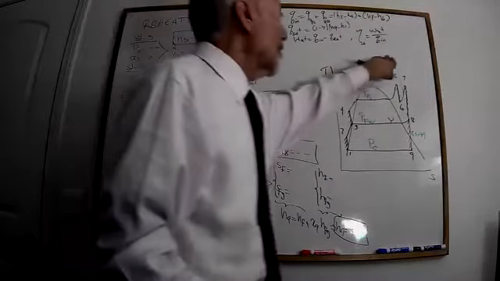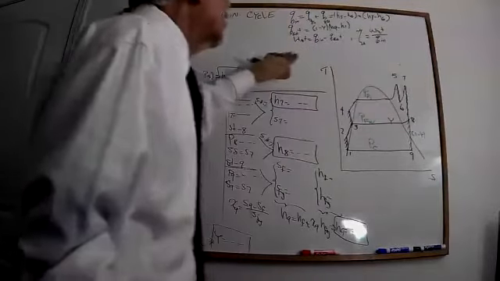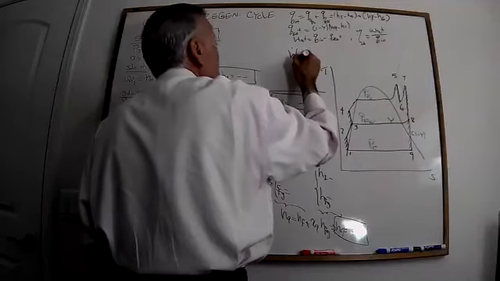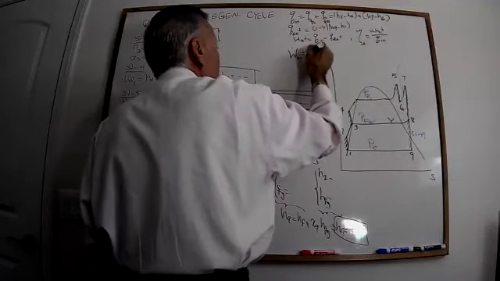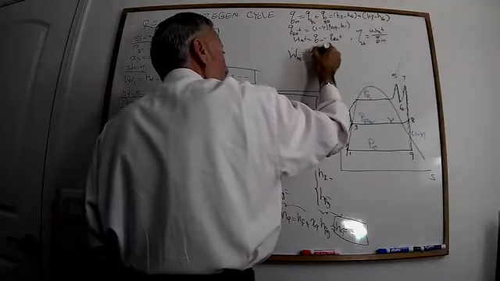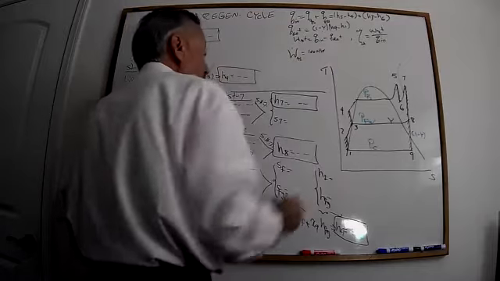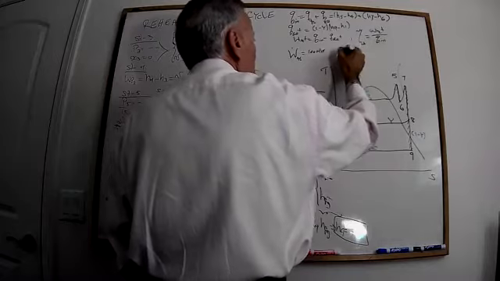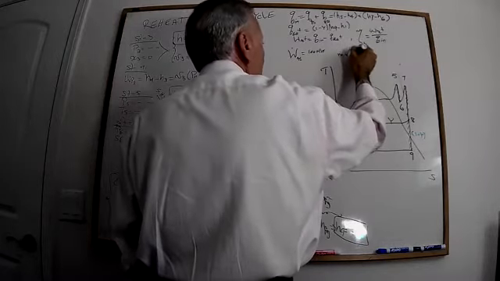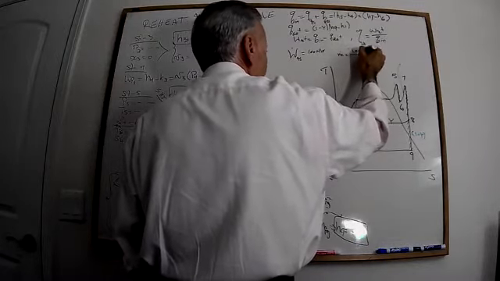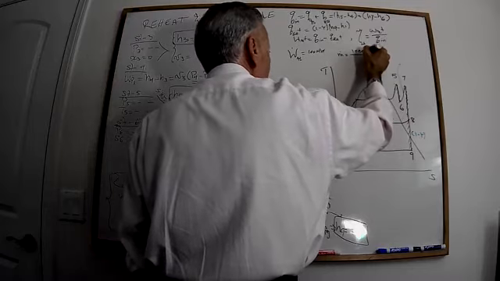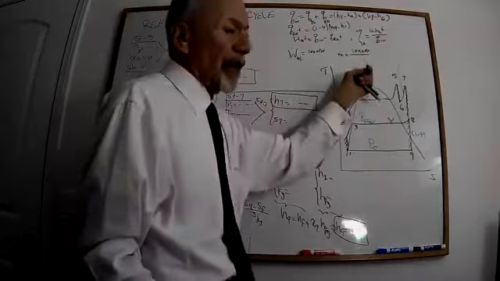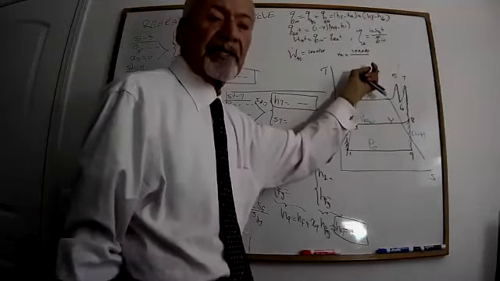Now, if the problem is giving you the big W net, let's say it's 100 megawatt, and they want you to find the mass flow rate, so the mass would be 100,000. Don't forget that. Some people in the second exam just put 80 or 150, whatever the value was.